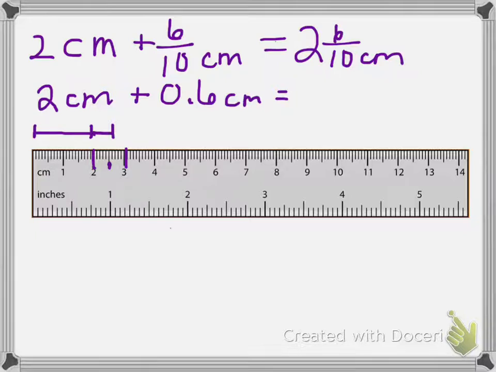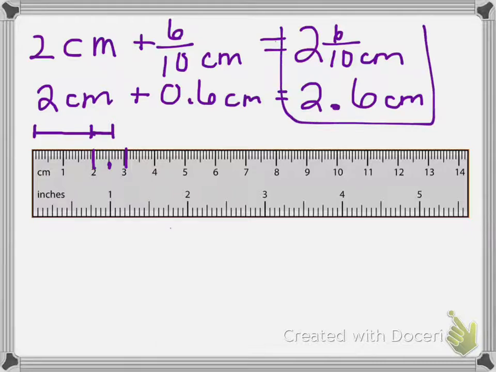Now this is where it might get a little tricky. My whole is going to go on the left side, and then I'm going to have my decimal, and then I'm going to have my 6. Remember, these 2 are exactly the same. One is written in fraction form, one is written in decimal form.